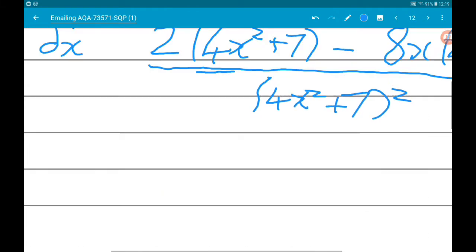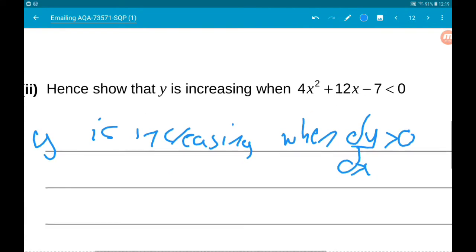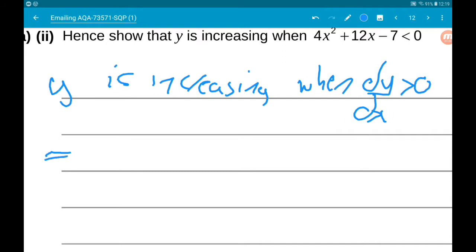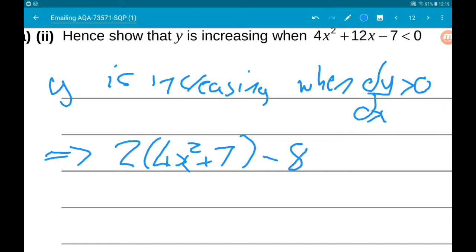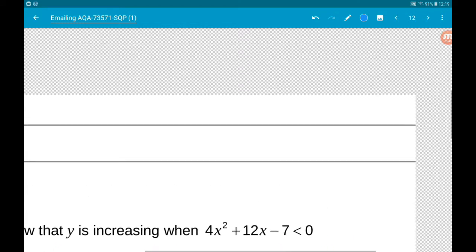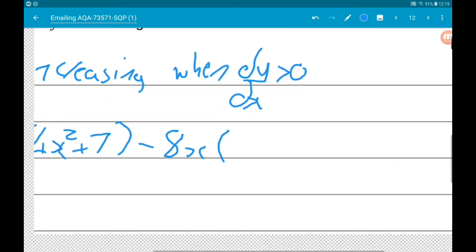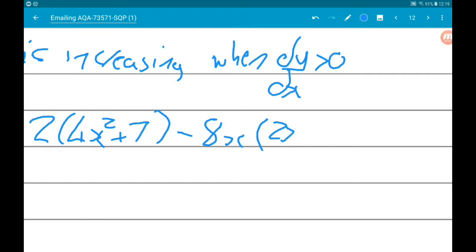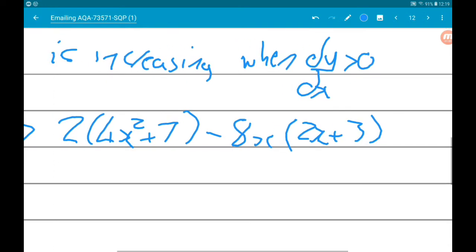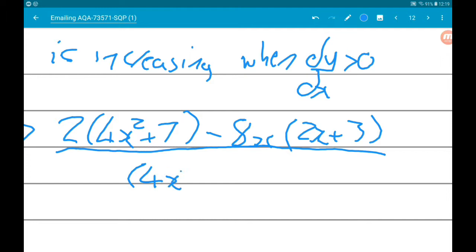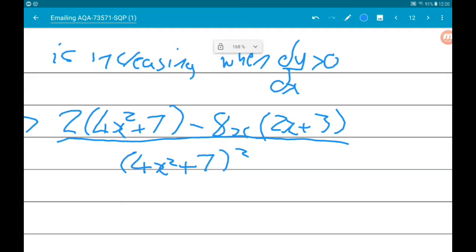So dy by dx was 2 lots of 4x squared add 7 minus 8x times 2x plus 3, and then that's all over 4x squared add 7 squared. Now we're setting that greater than 0.